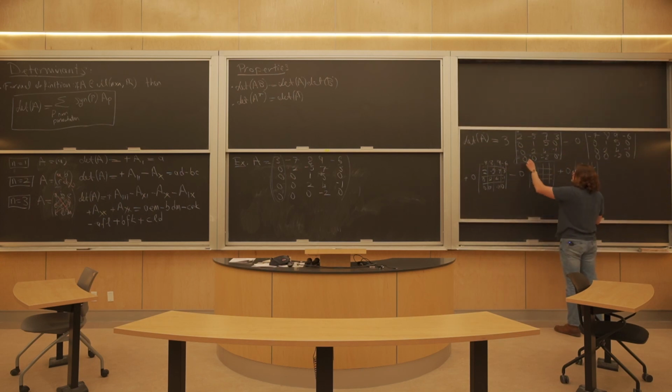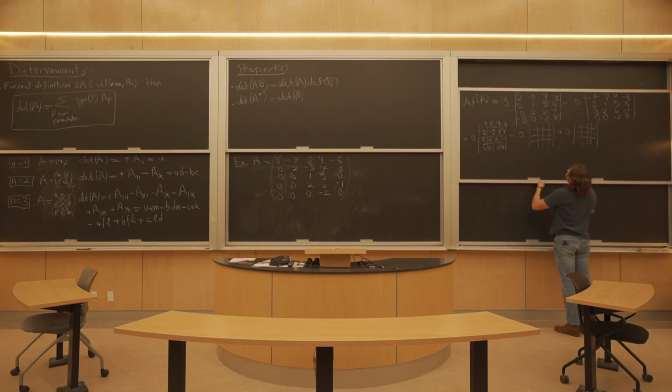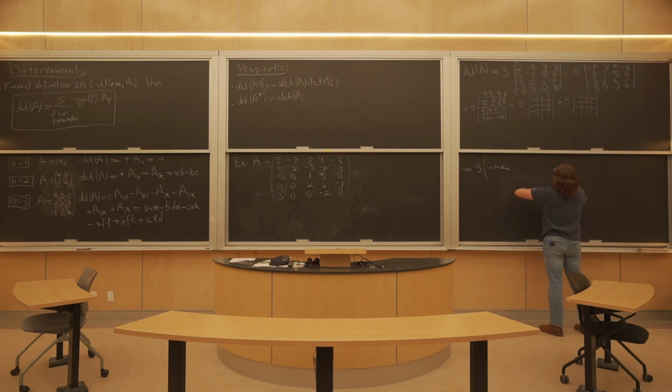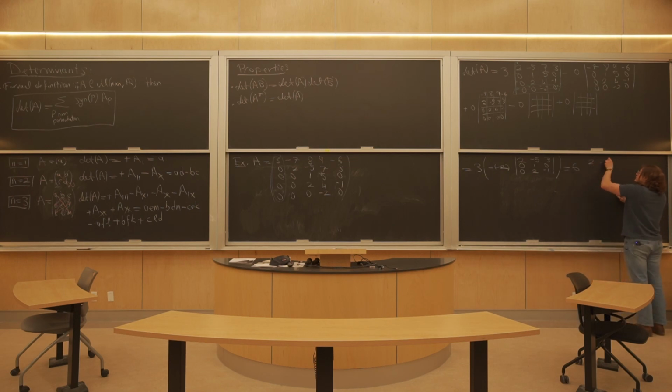Now when I burn the same row and the same column, I'm left with a 3 by 3 matrix. So this is 2, 0, 0, minus 5, 1, 2, 3, 0, minus 1. So that is to say this is 6 times this determinant.